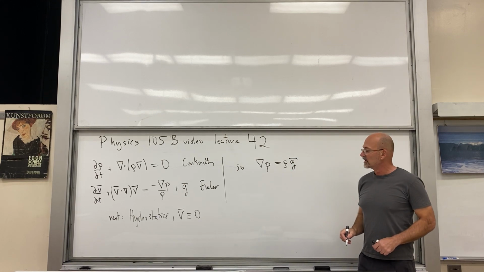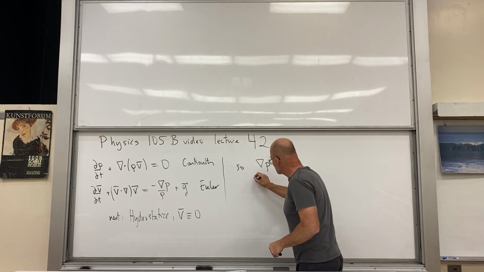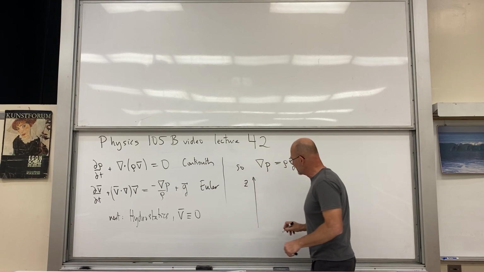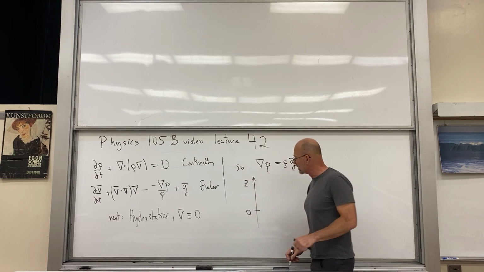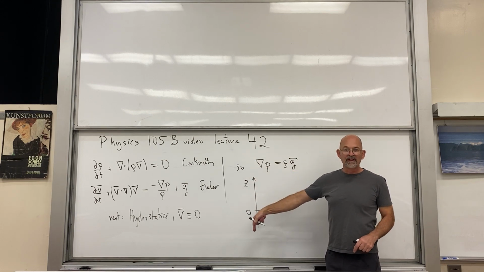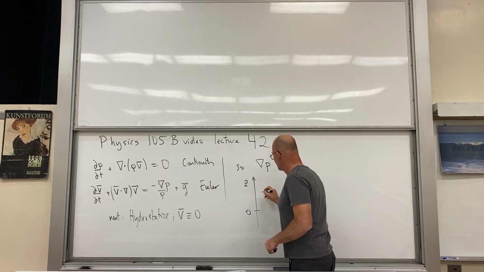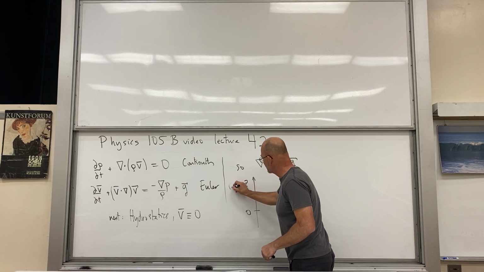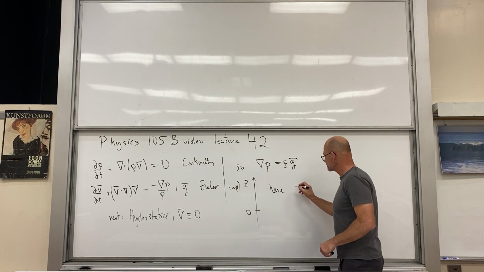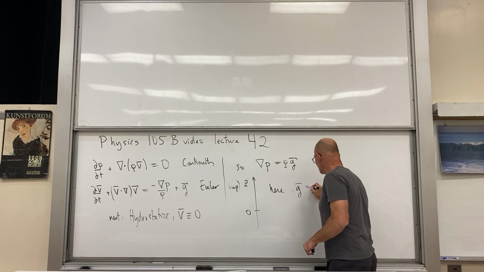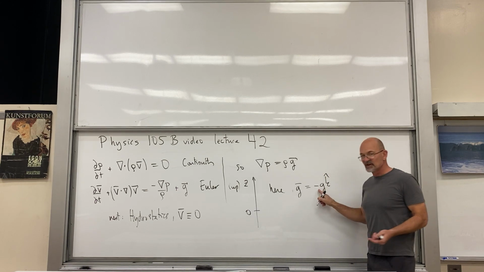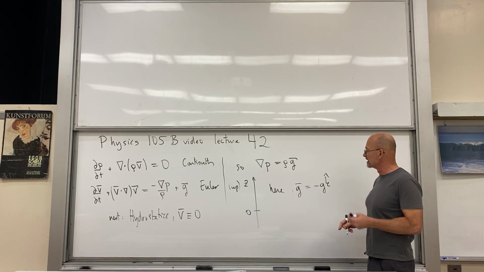Okay, so now we go ahead and set up an orientation. Say we've got the z-axis here. I'll just put a 0 there. z-axis is up, g is pointing down. So here, g is equal to minus g k hat, where that's our standard gravitational acceleration.